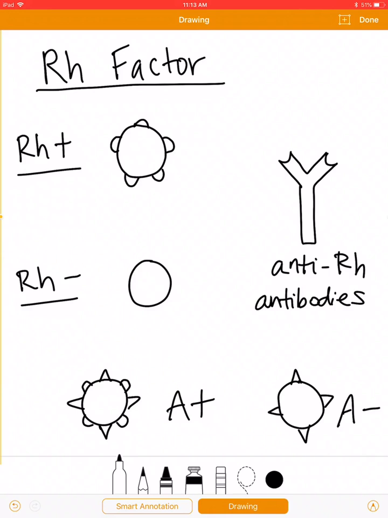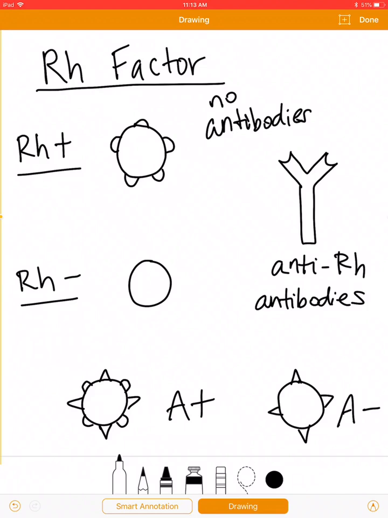Okay. So this is pretty much the same thing in that, if you have the Rh antigen, then that means you're not going to have any antibodies against the Rh factor. Okay. So no antibodies would be present in someone who is Rh positive against the Rh factor.